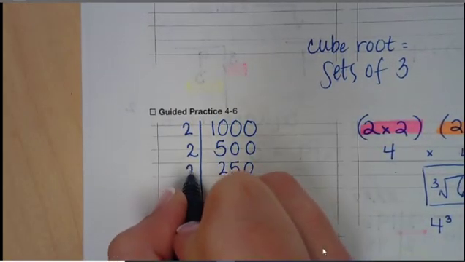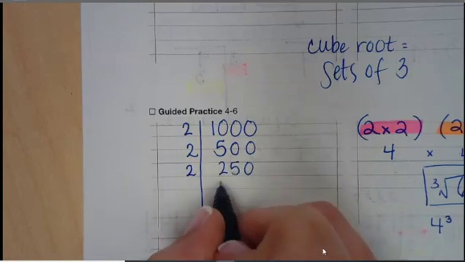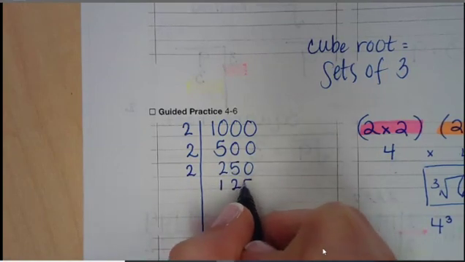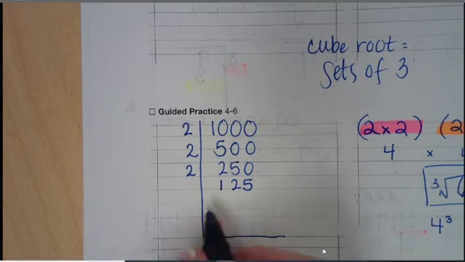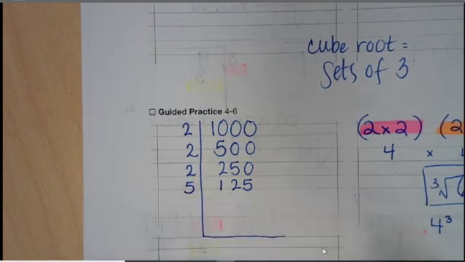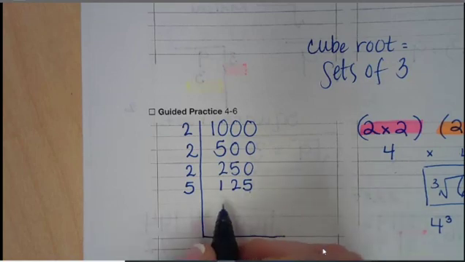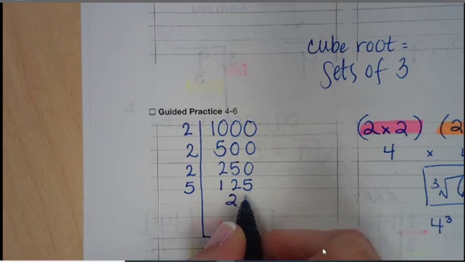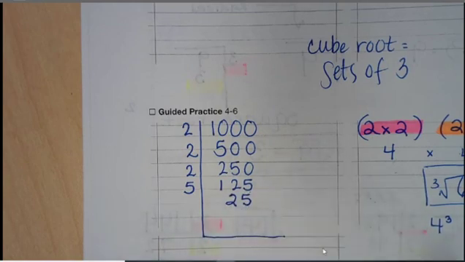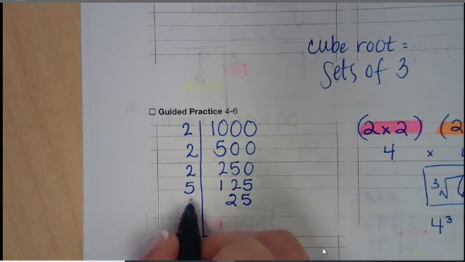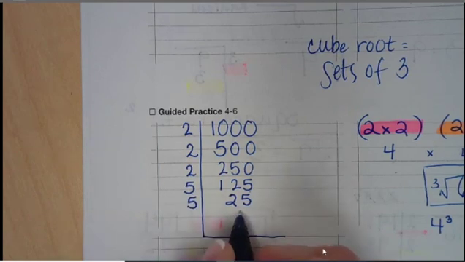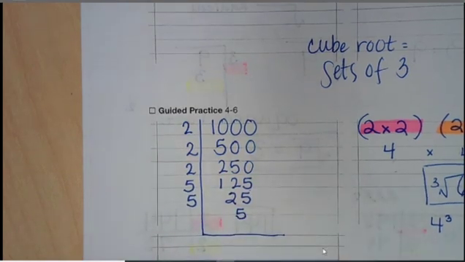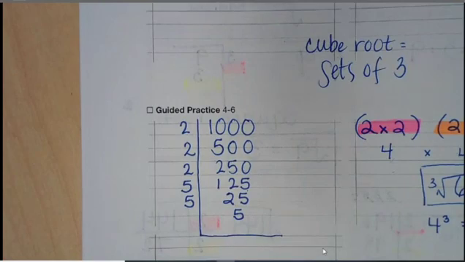And then I divide by 2 again. Always the lowest prime number. I get 125. And now I can't divide by 2 because this isn't even, so I divide by 5 because that ends in a 5. And divide by 5 again, and I have 5 remaining, and that's a prime number, so I have to stop.